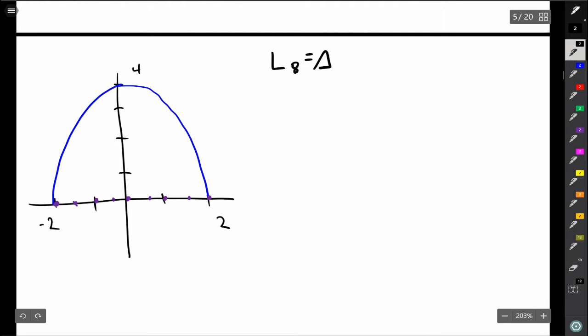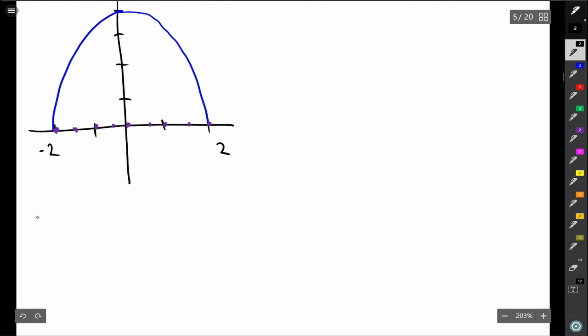All right, so we're going to have our delta x. Actually, let me move this underneath here. So L8 is going to be our delta x, the width of our rectangles, times f of each of the left endpoints here.